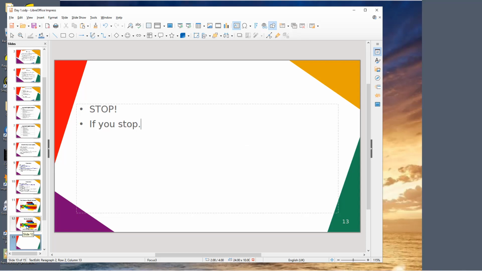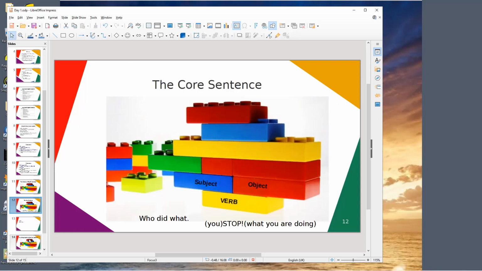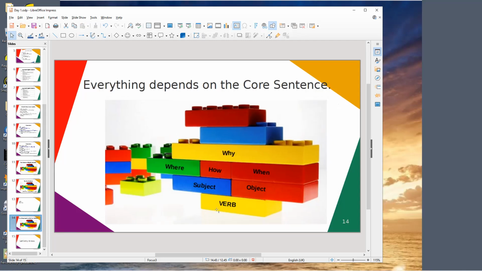And if we always know exactly where our verb is, the active verb that's holding up the whole show, then we can build all of the extra information. The why, the where, the how, the when. Like with the pizza story, they put all of that information into that one sentence, but they knew where the verb was. And that's the key.